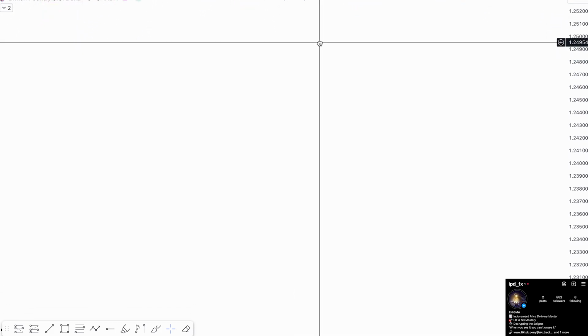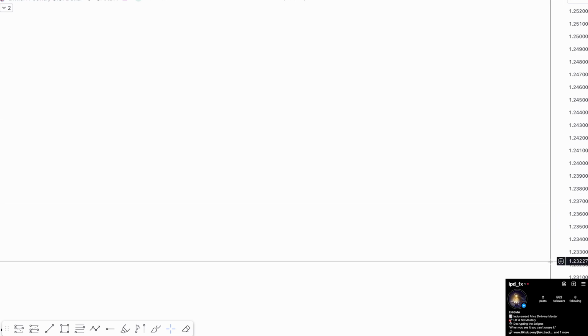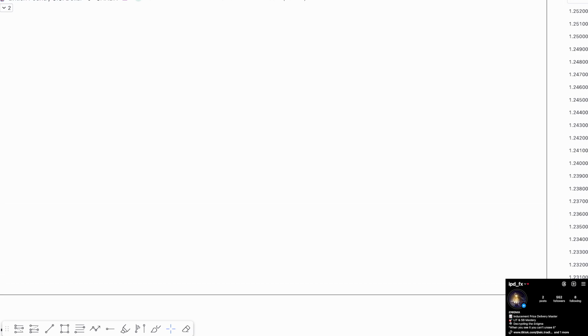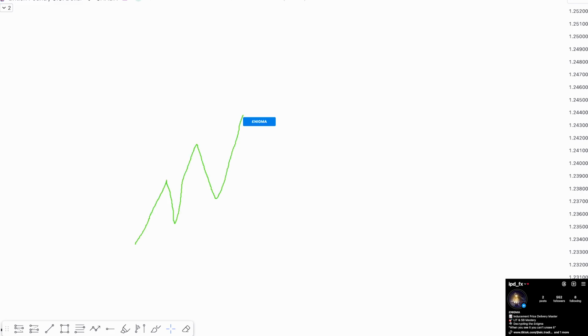Before looking at examples, I will do a quick recap of the last video. If you remember, we saw three types of liquidity: the transactional liquidity, continuation liquidity, and inducement liquidity. Look at this drawing.